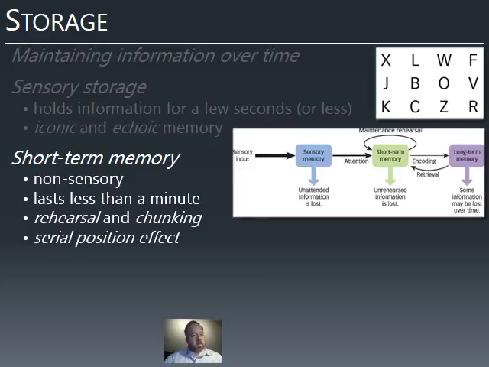So that accounts for the last part of the serial position effect, that you remember those recent items because they're still in short-term memory. The reason you remember the early items is because those items have already had a chance to make it into long-term memory, which we'll talk about in a minute. But the serial position effect is this phenomenon by which early items and late items are remembered the best.